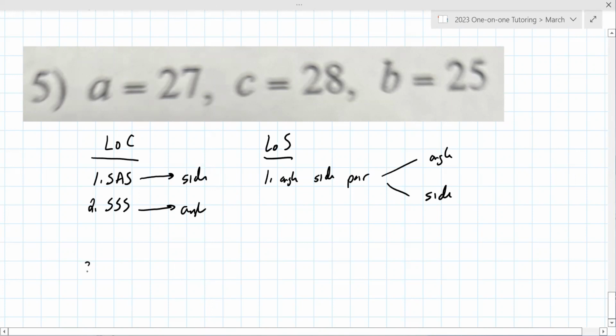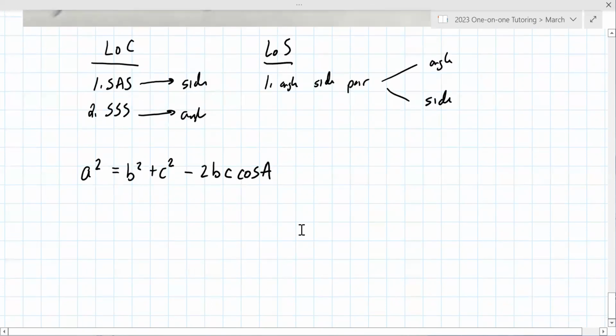Okay, so we can write A squared equals B squared plus C squared. Okay, that's the first part of it. Minus 2BC, because B and C are on that side, so they have to go over here, cosine of A. So we're now solving for cosine A. And this is probably actually a better example.